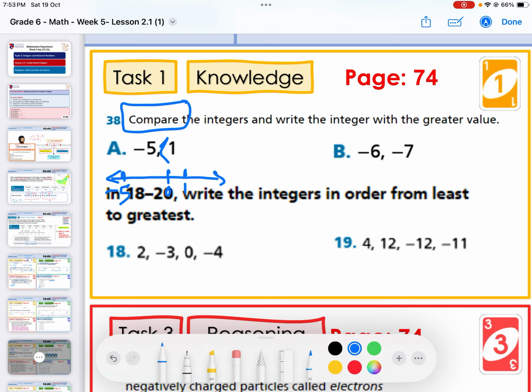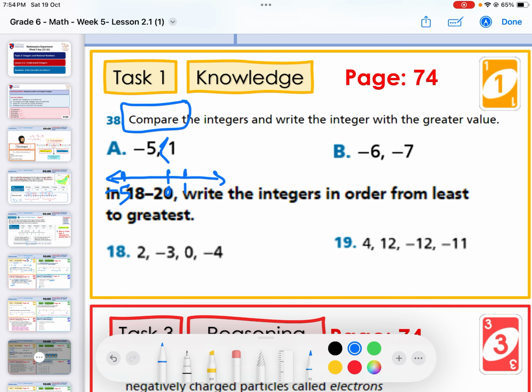And always keep in your head that positive integers are always greater than negative ones. Okay? Positive is always greater than negative. Even if I have 1 and I have -200, 1 will still be greater than -200. Okay? Try to think of temperature. -200 is like below freezing point even. Okay.